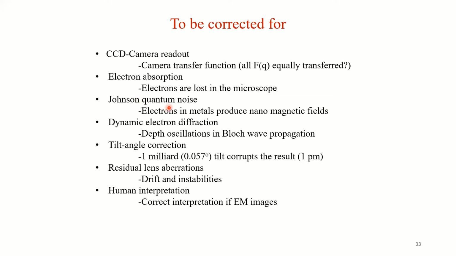Then you have Johnson quantum noise. This concept is very important. Here, electrons are passing through metal tubes, so electrons are basically surrounded by metals. And metals have mobile electrons. From Maxwell's equations, if you have rotating currents, then you have a magnetic field. These nano magnetic fields deviate the electrons in the beam from their path.